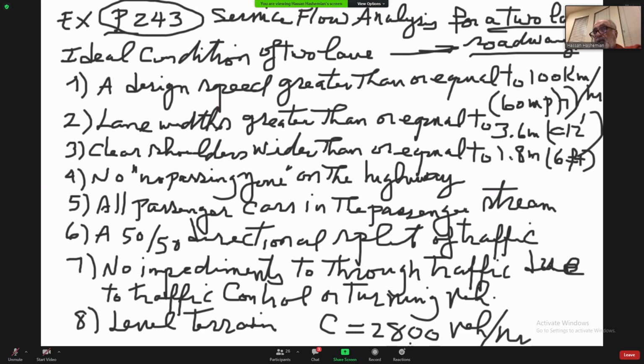But if I ask what is the volume at a given level of service, which is a B or a C or a D, then that turns into a service flow.